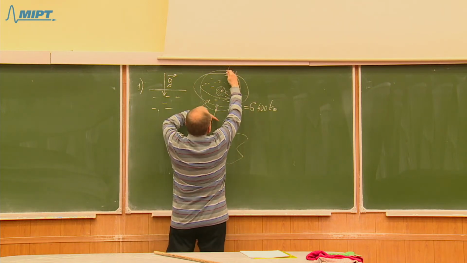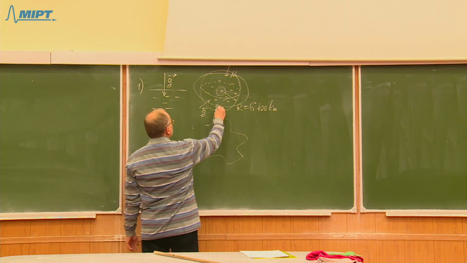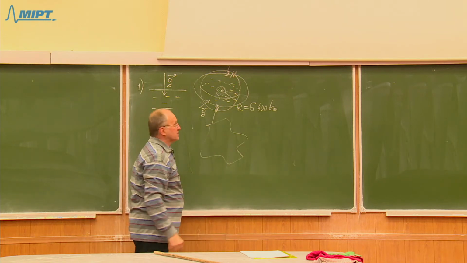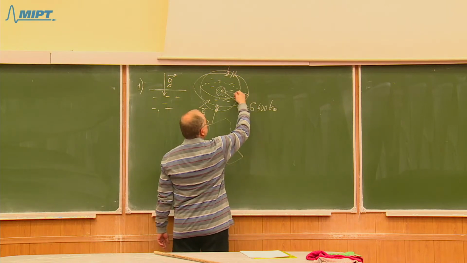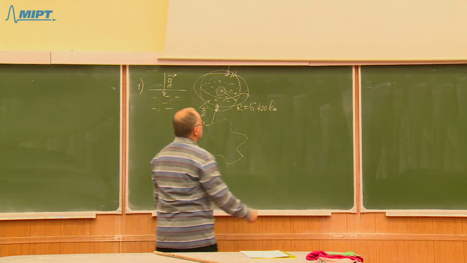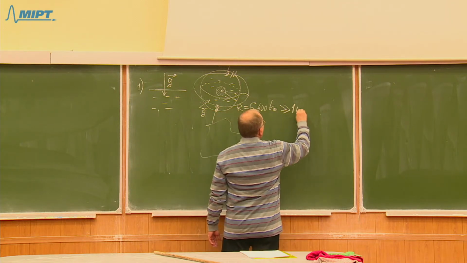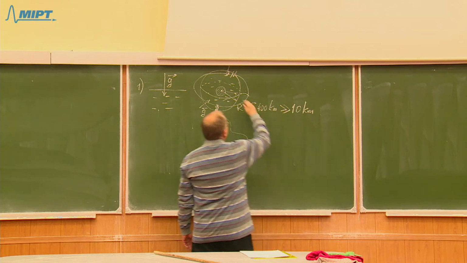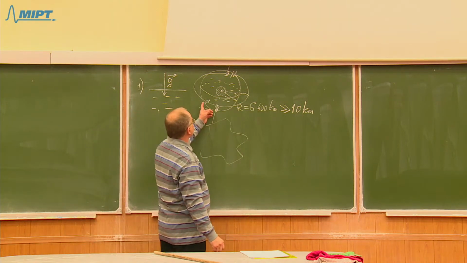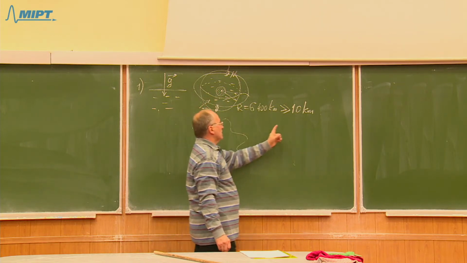But this effect is very small. The flattening at the poles is about 10 kilometers, and the bulging at the equator is also about 10 kilometers. 10 kilometers is much, much smaller than the radius of the planet. Therefore, this effect is small, and the planet still looks spherical, but it's slightly unspherical.